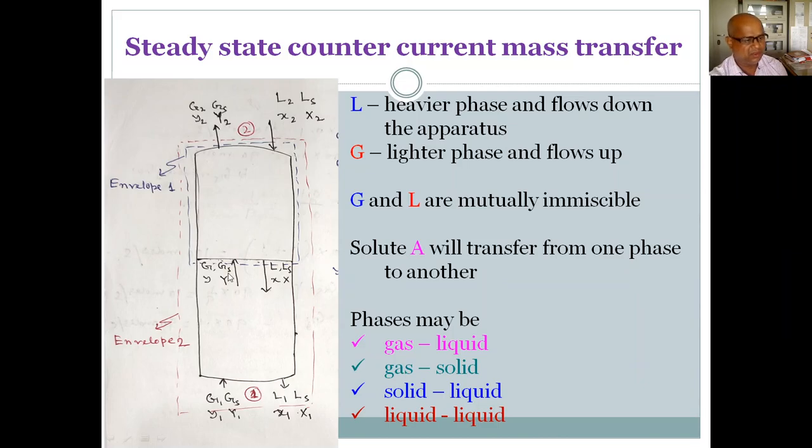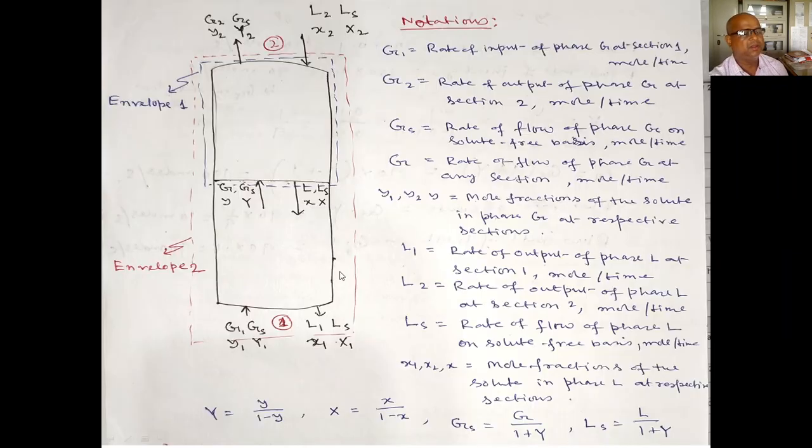Now if you take this in a better way, what nomenclature have we given? This is 1, this is 2. Now what is G1? G1 is the rate of input of G phase at section 1, that is moles per time.